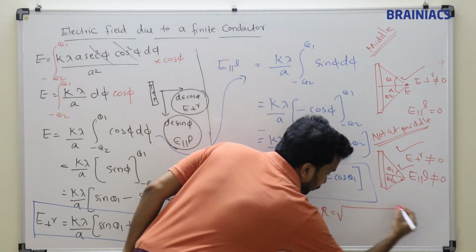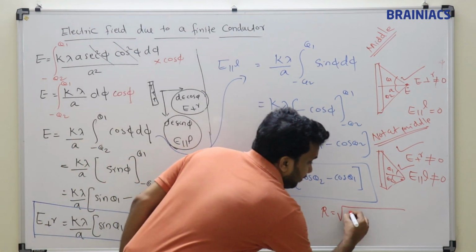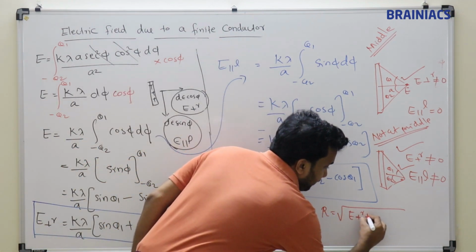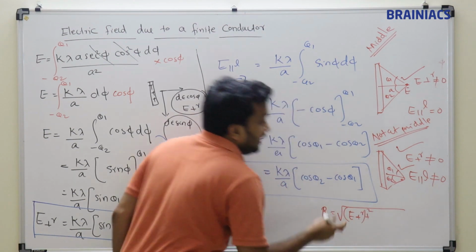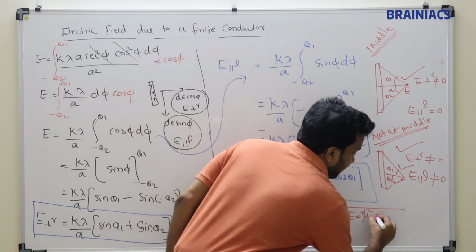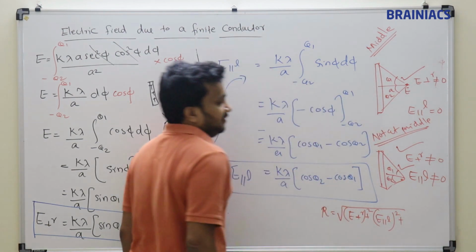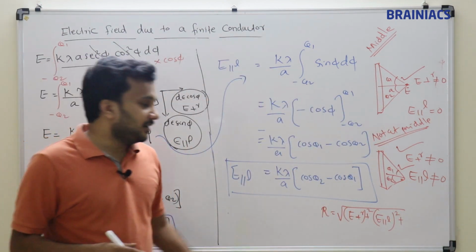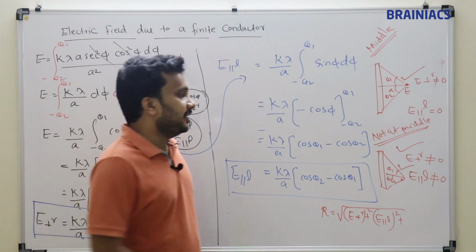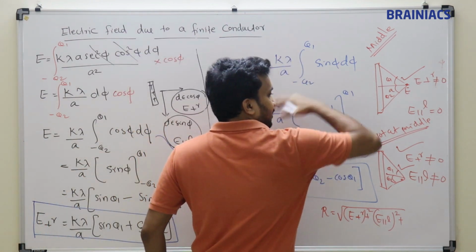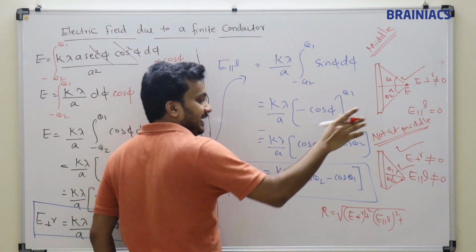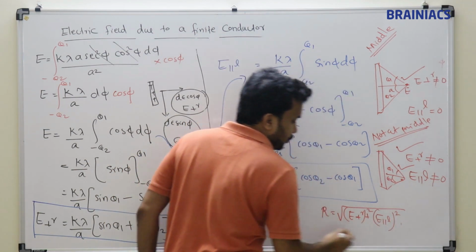Resultant will be equal to the root of E perpendicular square plus E parallel square, taking a as one and b as the other. Next is 2ab cos theta. Parallel and perpendicular: what is the angle between these two? 90 degrees, so cos 90 goes to 0.